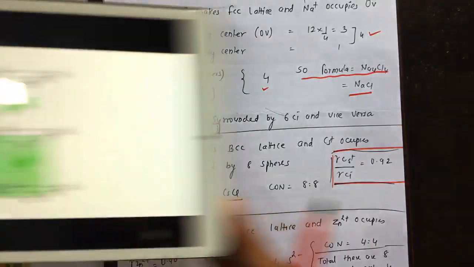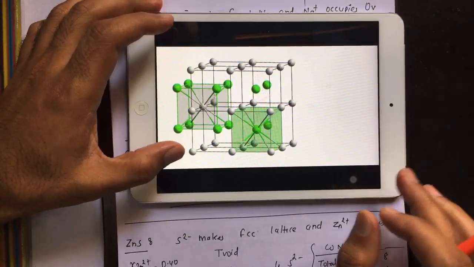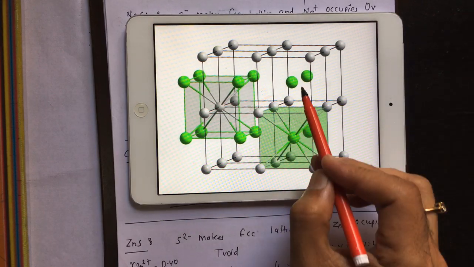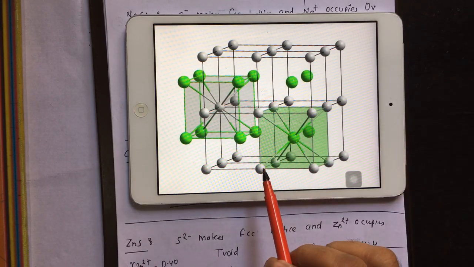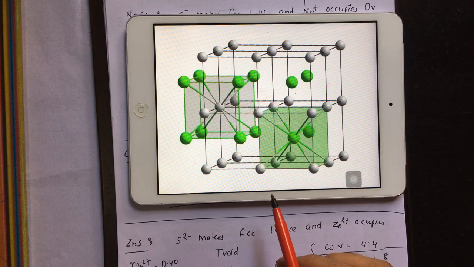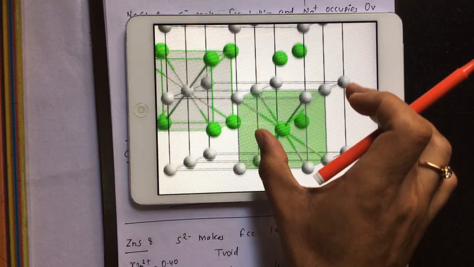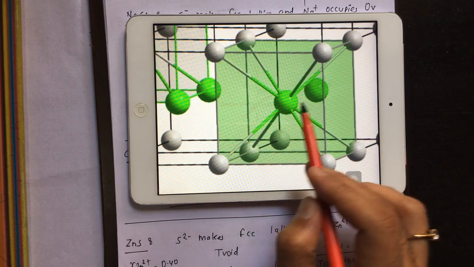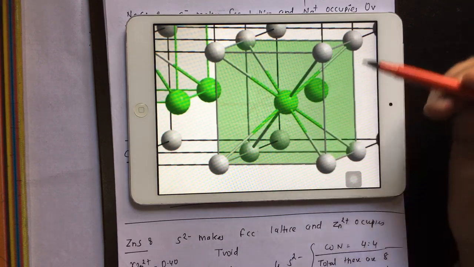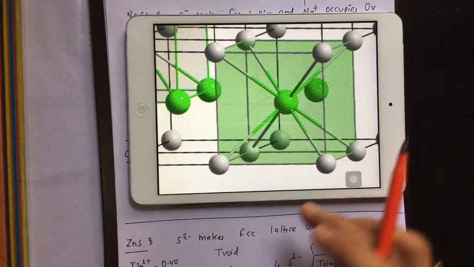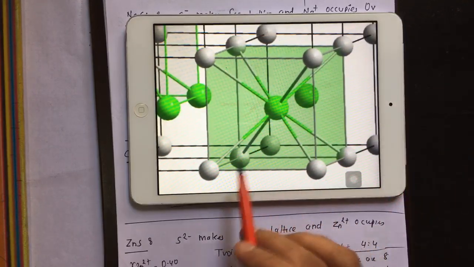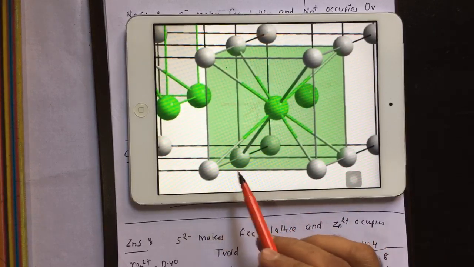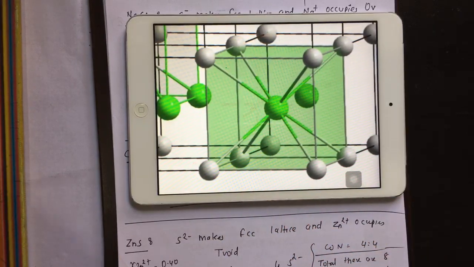Now if I show you, please try to understand this particular arrangement. All the green ones which have been shown you, they are nothing but cesium ions. So if you just concentrate on only one particular arrangement here, this is cesium ion, this is the green one on the next cube, behind the cube which I am talking about. So if you just see this particular cube, all these corner ones are nothing but chloride.